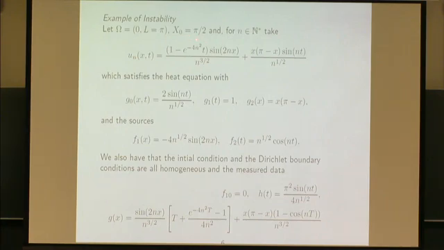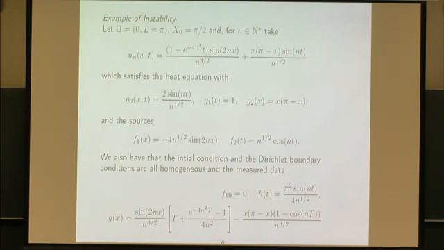If you pick x0 to be the midpoint, then you can define a sequence for all positive integers n, in this form with some given data. But what is of interest are the sources f1 and f2, which look like square root of n times a sine, square root of n times a cos.